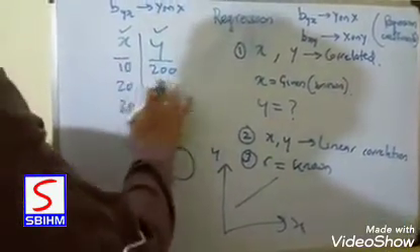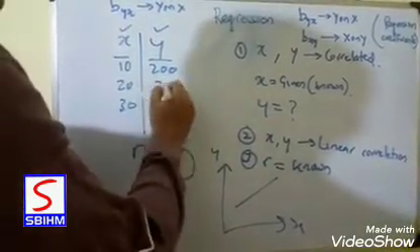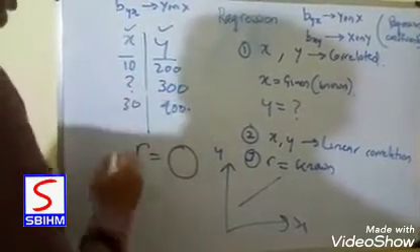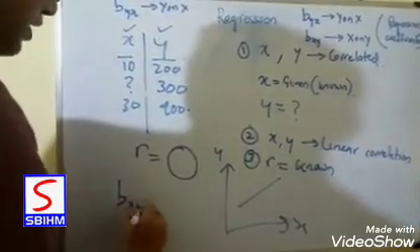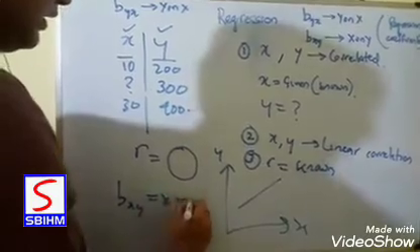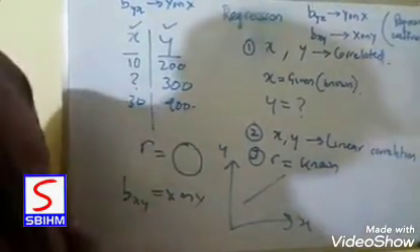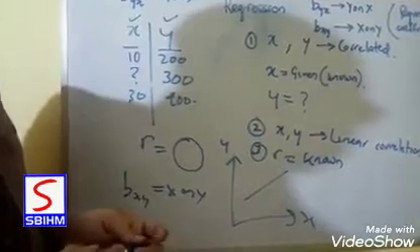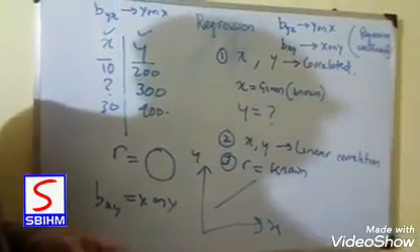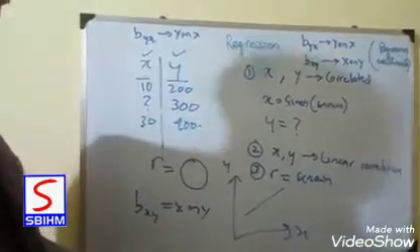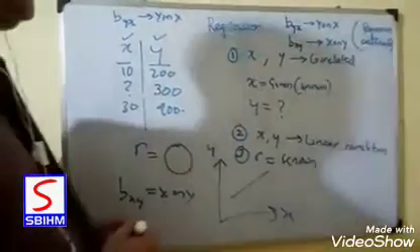And if the value of y is given and the value of x is not known, then we use bxy, or x on y. These regression coefficients are used depending on the case: when we have to estimate the value of x when y is given, and the other case, the value of y when x is given.